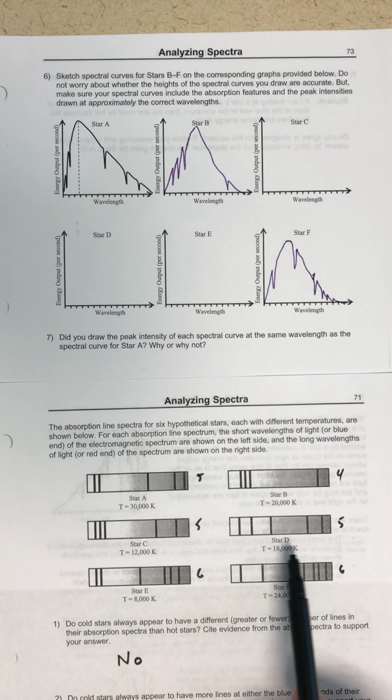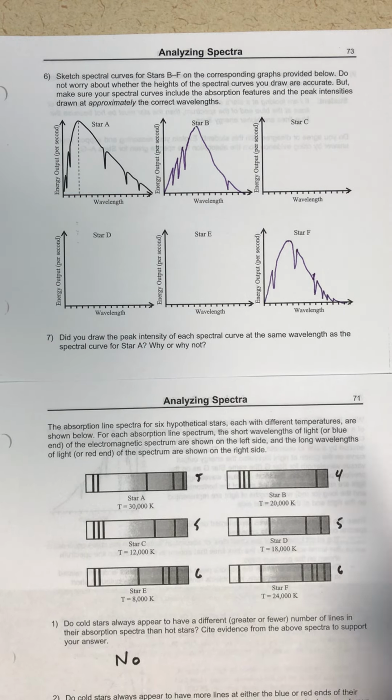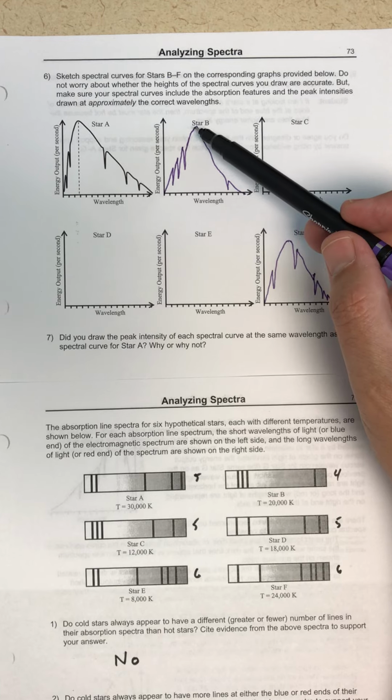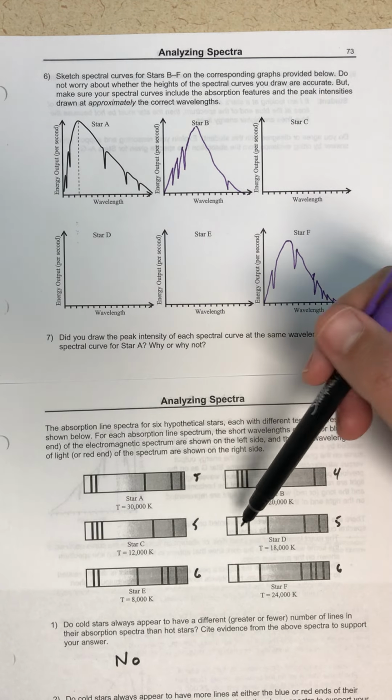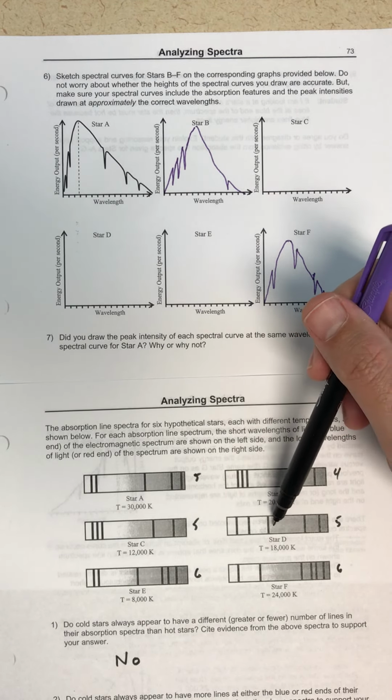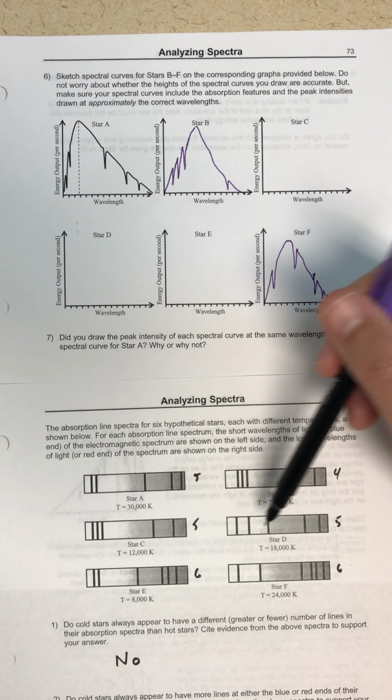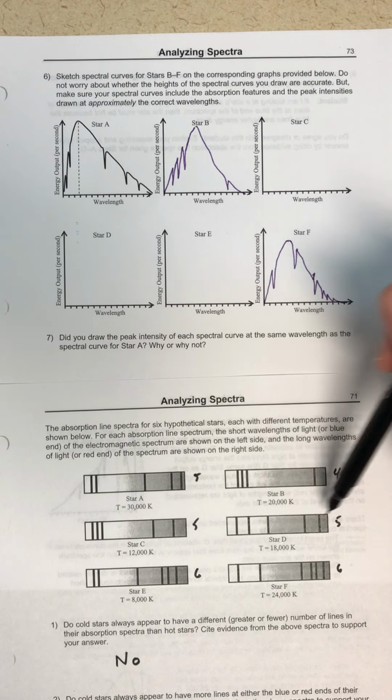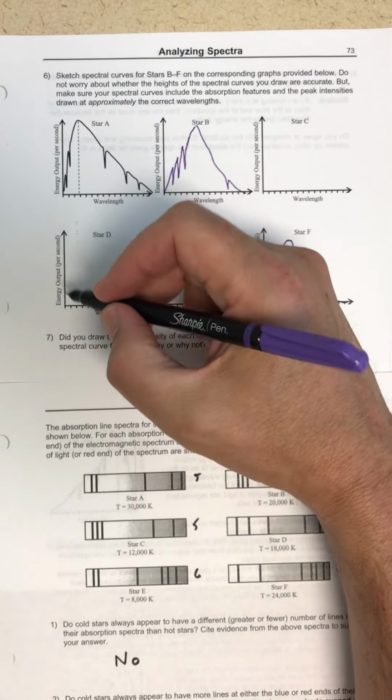Next hottest is star D. So draw that in. So I'm going to need to move the peak a little bit further to the right. And now I've got sort of 2 on the way up, 1 near the peak, and then 2 at the red end.